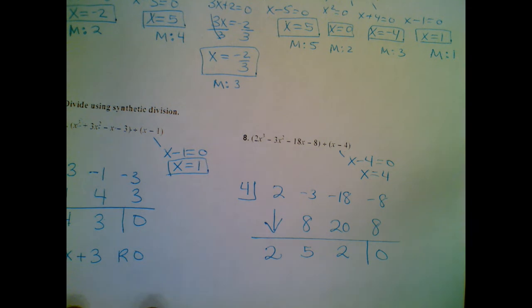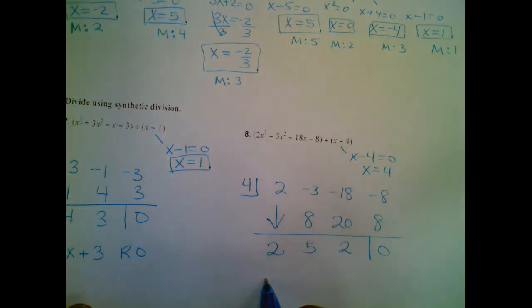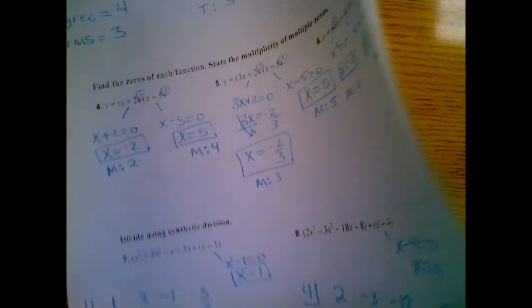And this one doesn't have a remainder either. We started with 3, so this is going to be 1 less, so 2x to the second power, plus 5x, plus 2, and then the remainder is 0. You can put a remainder of 0, or if it has a remainder of 0, you don't need that. Let's go to the back side of the review.